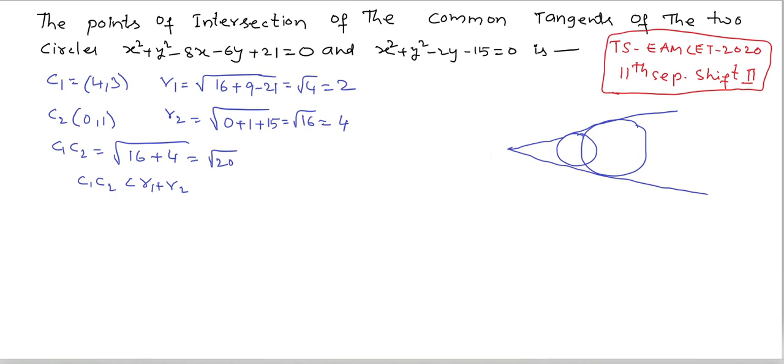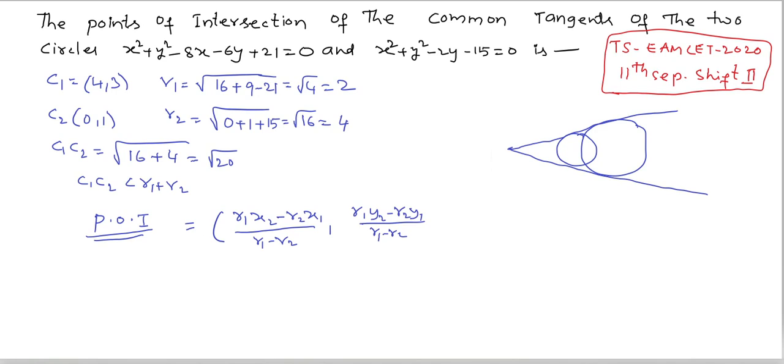Here we find the point of intersection of the direct common tangents. This point of intersection divides the line joining the centers in the ratio R1 is to R2. So the point of intersection is equal to (R1 x2 minus R2 x1) by (R1 minus R2), comma (R1 y2 minus R2 y1) by (R1 minus R2). Here first center is (x1, y1), second center is (x2, y2).